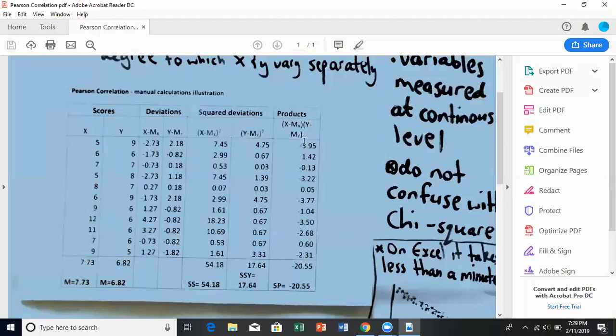So it means minus 2.73 times 2.18, you get this. And then the second one is minus 1.73 times minus 0.82. So you get this. You do that for all the numbers, and then you add them. I must explain this.